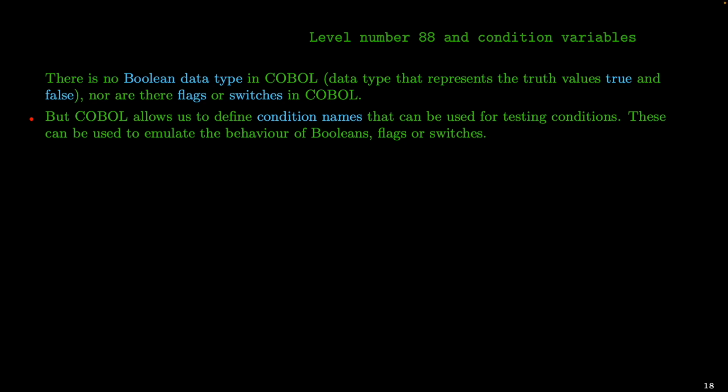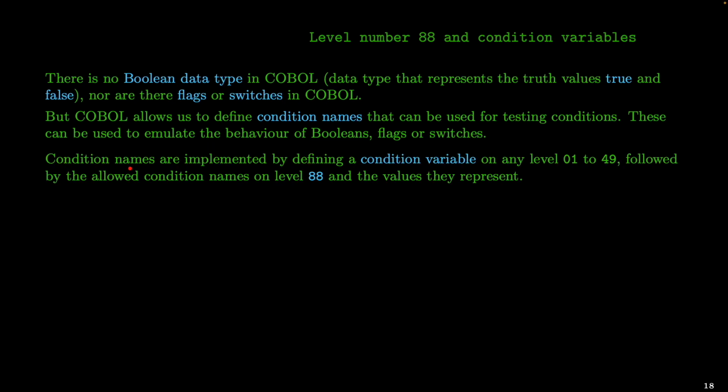But to remedy this a little bit, COBOL allows us to define so-called condition names that can be used for testing certain conditions. And sometimes this can be done quite conveniently, as we will see in the example. And to some degree, these can be used to emulate the behavior of Booleans or flags or switches.